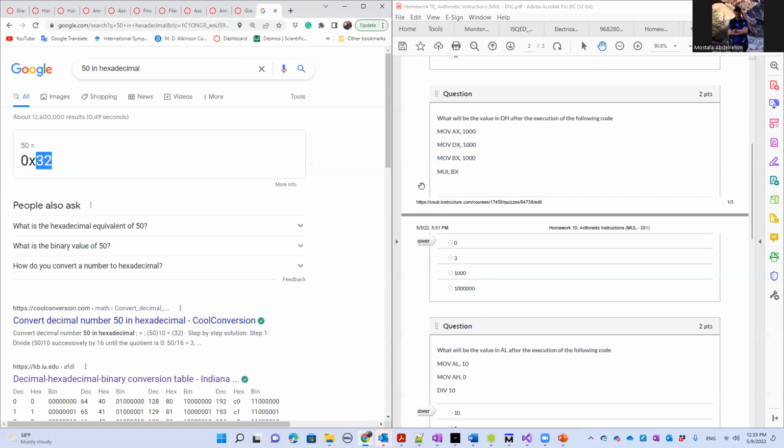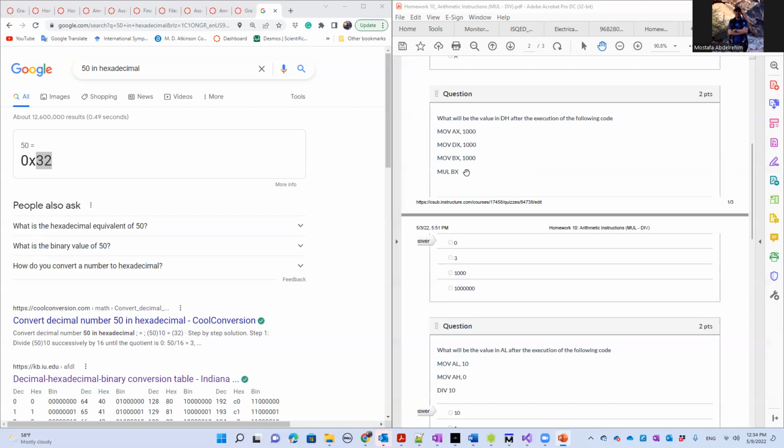Move AX 1000, move DX 1000, move BX 1000, and MUL BX. Again, we need to know the size of the register that comes in the MUL instruction, and in that case BX is 16 bits, 2 bytes, so that's a word by word multiplication.